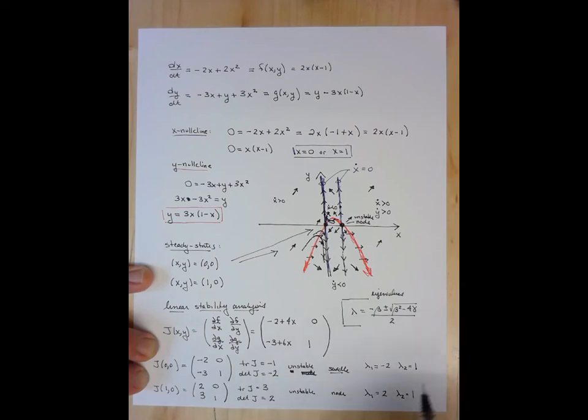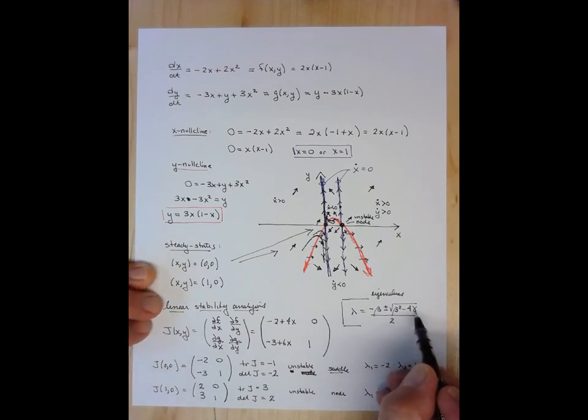Let me just do one of these. One of the eigenvalues was -2 here, and one is 1. So beta is the trace of the Jacobian, so if I take -1 for beta, and gamma is -2, then this will be (-1) squared, which is 1, minus 4 times -2.